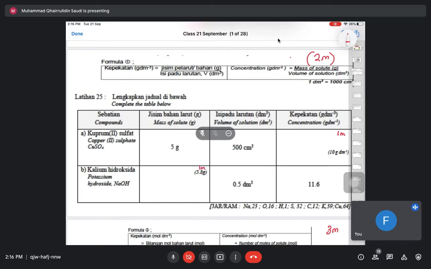This exercise asks you to find the concentration in gram per dm cube, and it is given that the formula is the mass of solute divided by the volume of solution.